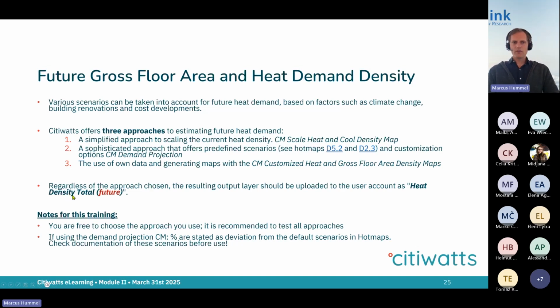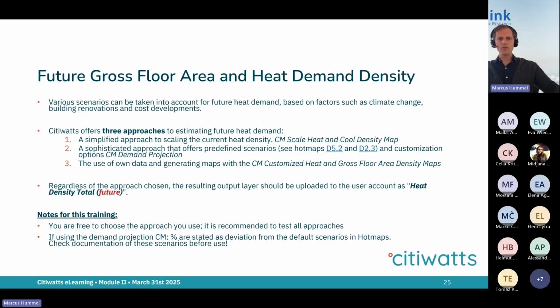I will show it also to you, but we also highlight here, there is an important distinction in the platform between a layer that is a heat density total right now, so more or less reflecting the current situation, and the heat demand density future. This is important because in one of the calculation modules that we will see later, it's important that the tool knows which is which layer.